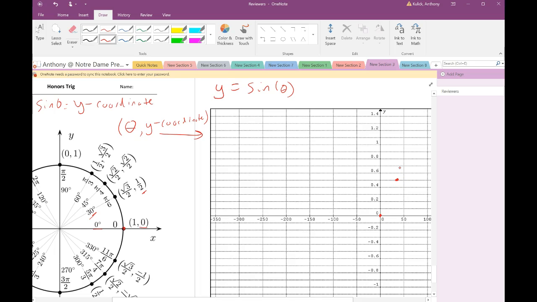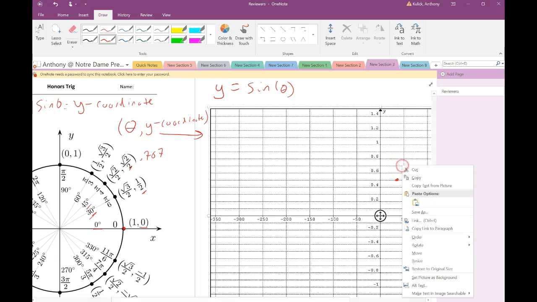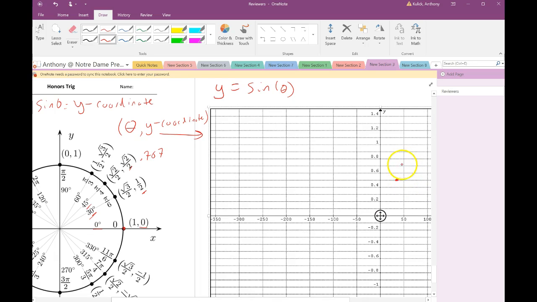Everybody still doing okay? And then we'll do 45 and then square root 2 over 2, which is about 0.707. So that is going to be like here. And then we have 60, and that's square root 3 over 2, which is like 0.866.